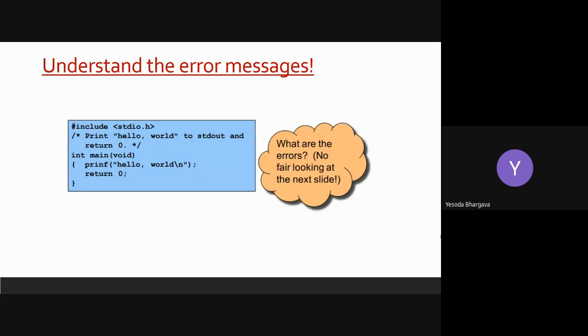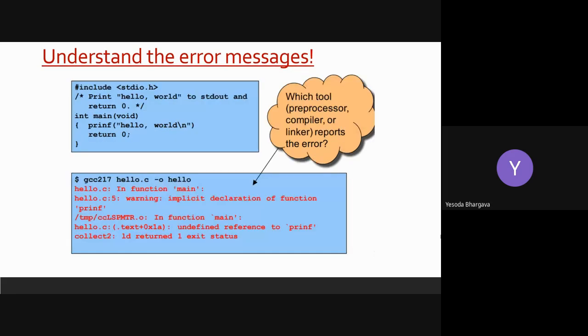What about this? There is a typo in the printf. The error it will show is that in the main function there is an undefined reference to printf, so no such method found.